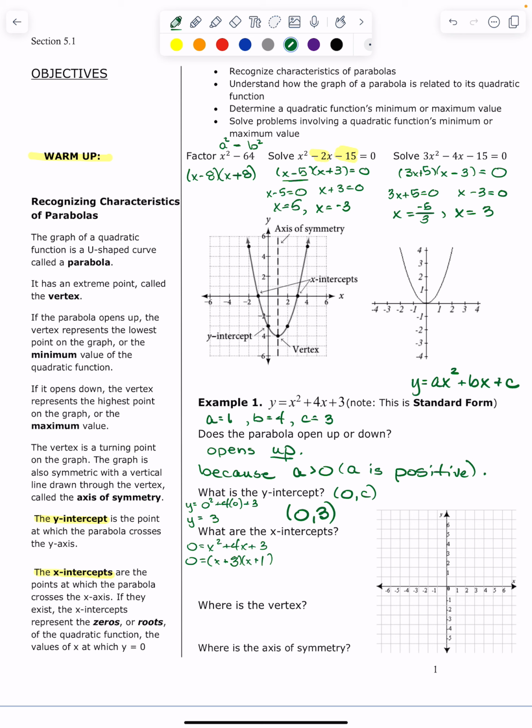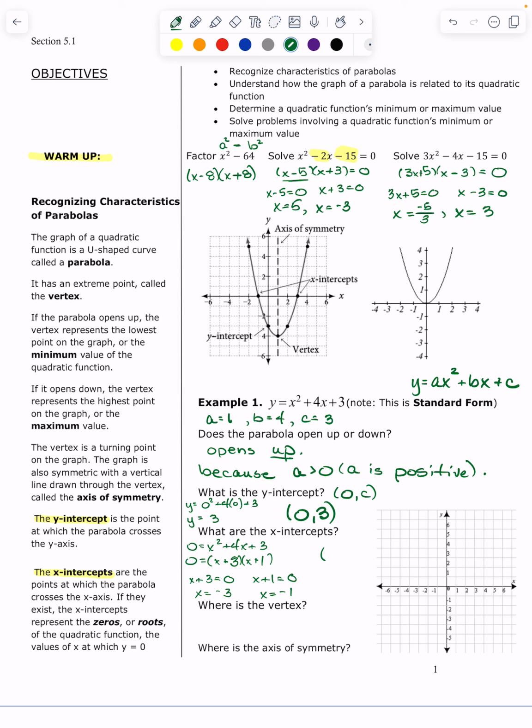If these are going to add to give me a positive 4, I got (x plus 3) times (x plus 1). If x plus 3 equals 0, that means x equals negative 3. And if x plus 1 equals 0, that means that x equals negative 1.